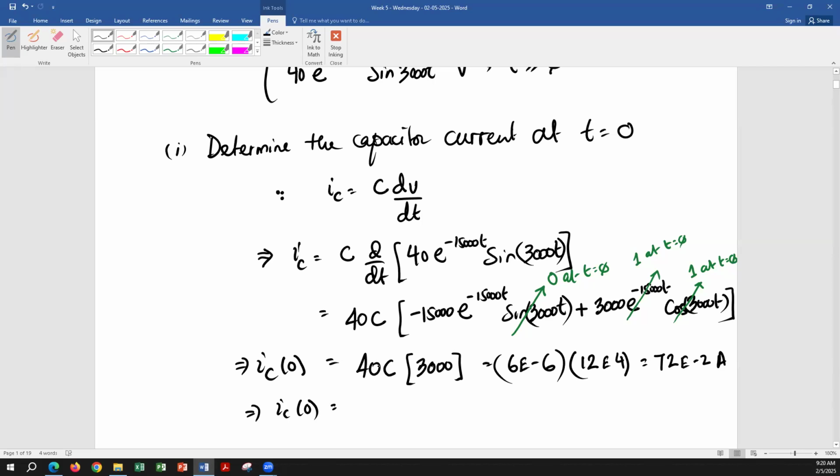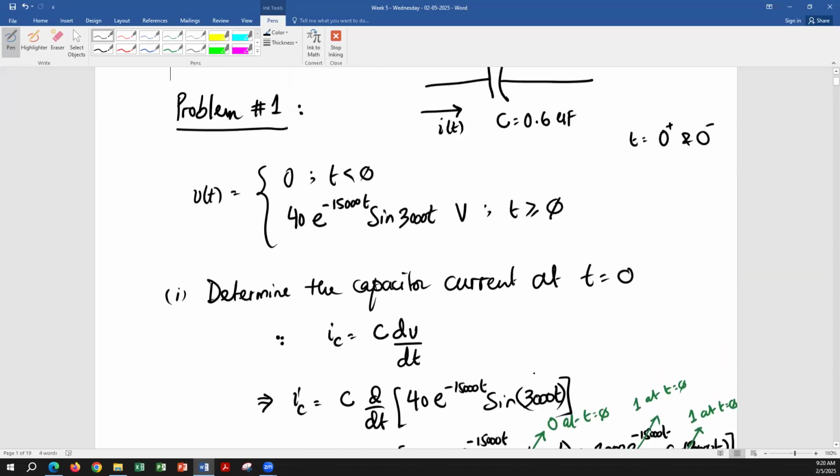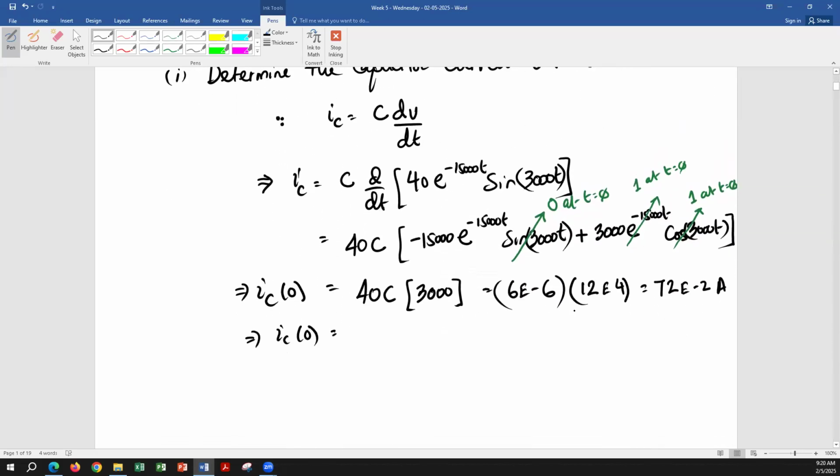I just want to confirm. So 3000 times 40 is 12 exponent 4. 4 times 3 is 12, and then we have 4 zeros, and then 0.6 exponent negative 6.